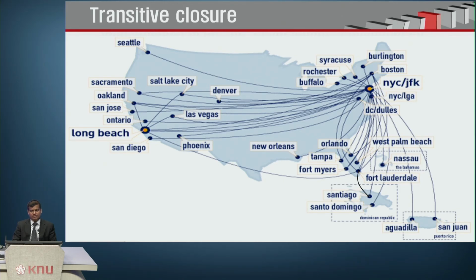Say for example, this JFK in New York City there, and Long Beach. So if these are the two nodes there, and then in between you have Las Vegas. There is one here again. There is one over in Florida. So Las Vegas to this point, Fort Lauderdale, and San Diego there.